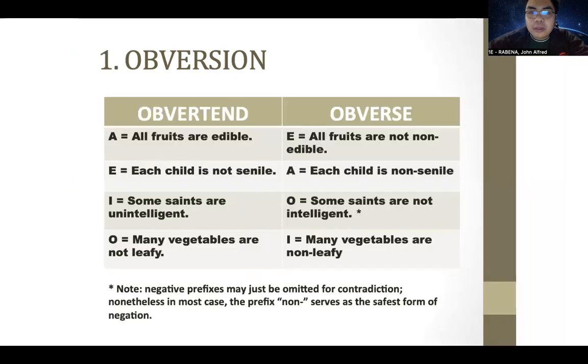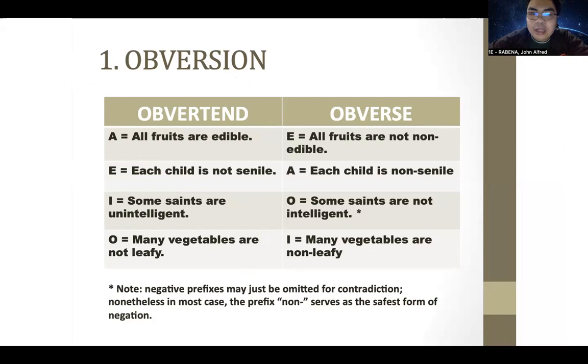So this is a table for the obvertent and the obverse. If the given proposition is an A proposition, the obverse is an E proposition. If the obvertent is an E proposition, the obverse is an A proposition, and so on. Example, A proposition: all fruits are edible. The obverse would be all fruits are not non-edible.